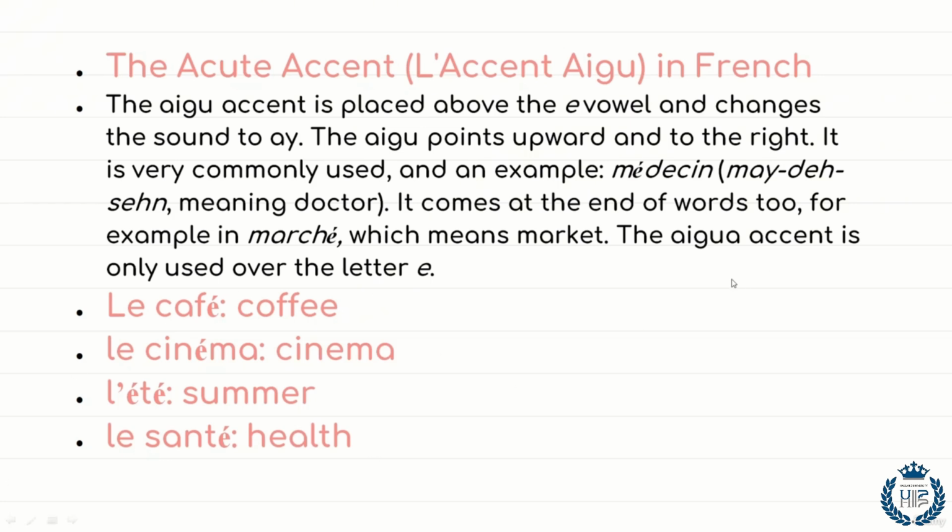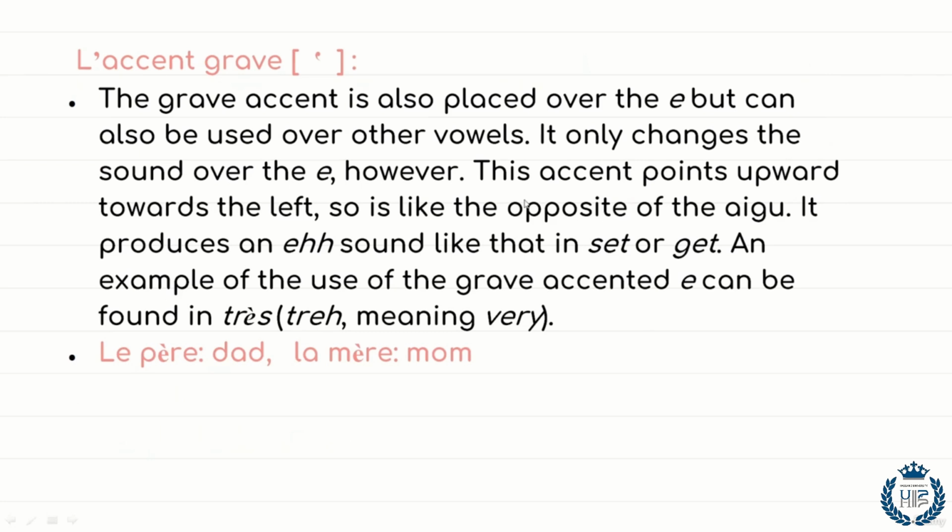Let's move on to the next accent, which is going to be accent grave. This grave accent is also placed over the E, but can also be used over other vowels. It only changes the sound over the E, however. This accent points upwards towards the left, as you can see here, so it is the opposite of the accent aigu.